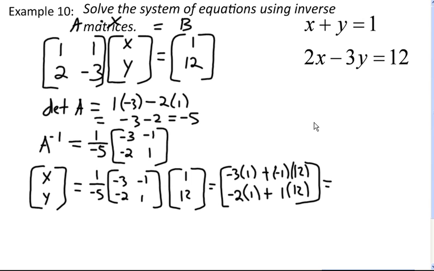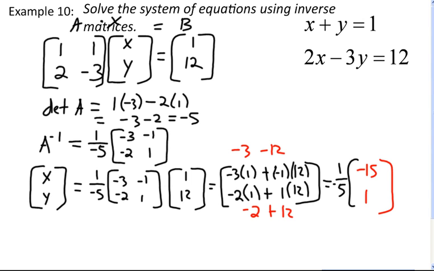So you just got to remember that we have negative 1/5 out front times, let's take a look here. So this is negative 3 minus 12, which is negative 15. We have negative 2 plus 12, which is positive 10.